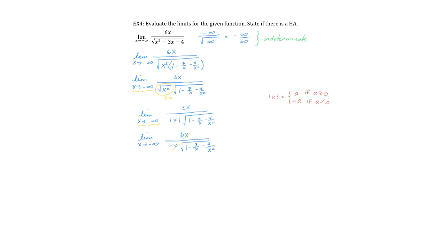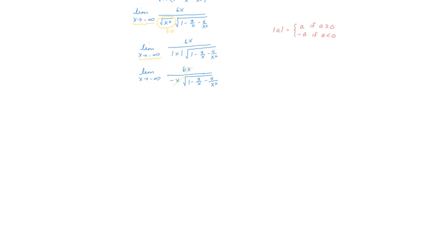So we can cancel the x, remembering that there's a negative in front of that square root. We have the limit as x goes to negative infinity of 6 over negative square root of 1 minus 3 over x minus 4 over x squared.